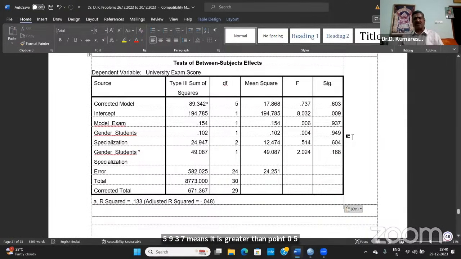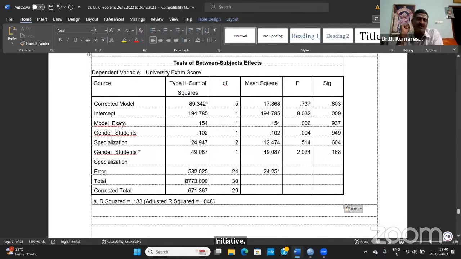If it is greater than 0.05, we say that there is no significant influence of model exam marks on the university exam marks.